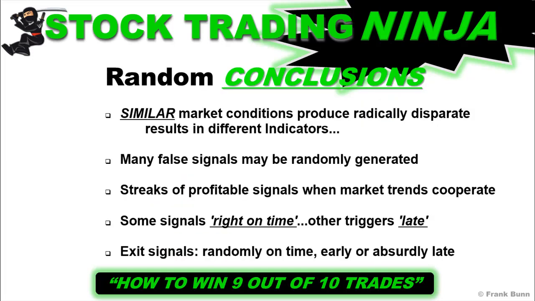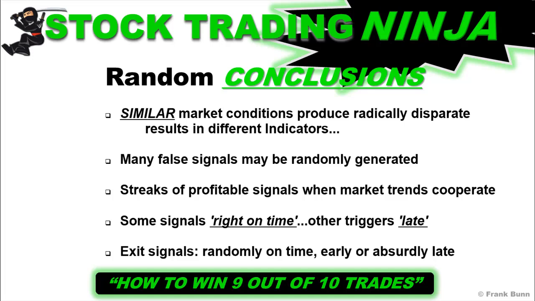It would appear that similar market conditions may produce radically disparate results in different indicators of the same species, in this case, trend-following indicators, and that in the latter case, too many false signals may be randomly generated. More importantly, we see streaks of profitable signals when the market trend cooperates, as in the first MACD example with the long trades where there were 3 wins and 1 loss as Capital One trended higher during the period.